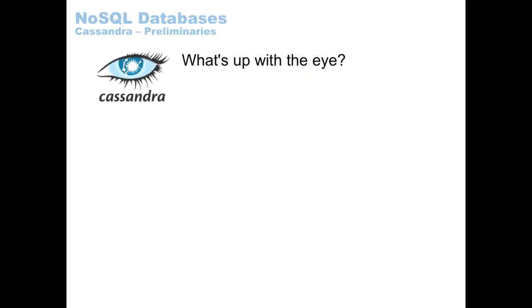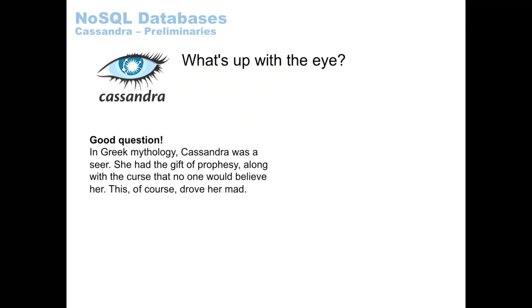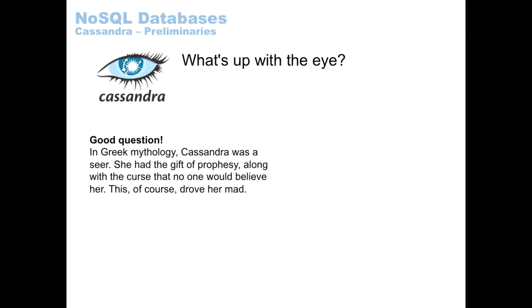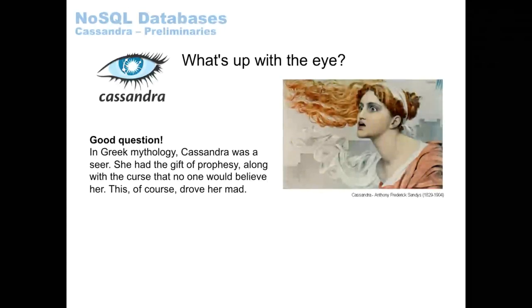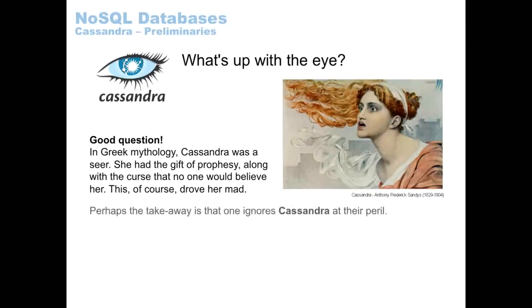Okay, what's up with the name? If you look at Greek mythology, Cassandra was a seer. She was given the gift of prophecy by the gods. And then the gods got mad at her, so they gave her a curse that no one would believe her. And this, of course, drove her mad. So it may be that the takeaway is one ignores Cassandra at their peril.